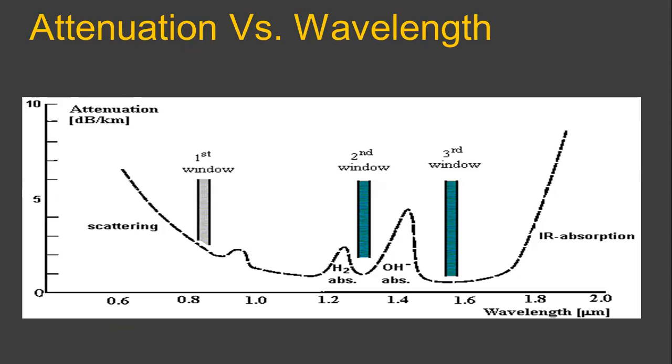This is a graph of attenuation versus wavelength. On the x-axis, we have plotted the wavelength of the incident light, and on the y-axis, we have the attenuation. You can see here that up to 1 micrometer wavelength of the incident light, the losses by scattering are more.